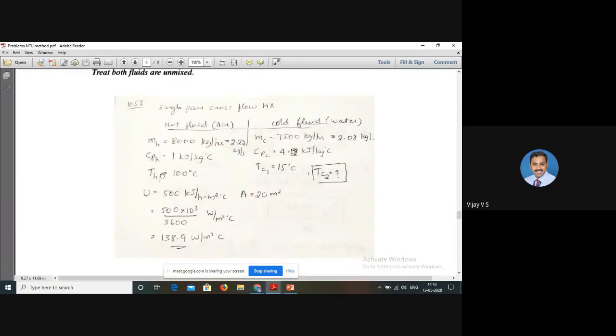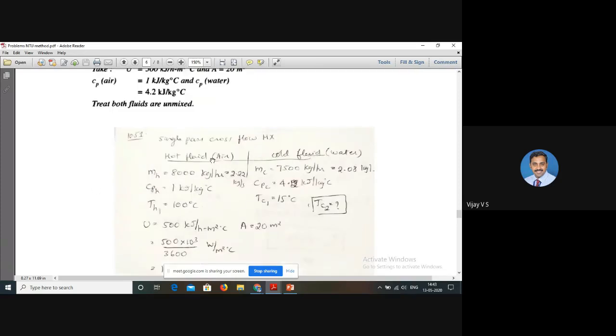Now if I see the data, air is the hot fluid. For air, mass flow rate is given as 8,000 kg per hour. If I divide by 3,600, it will be 2.22 kg per second. Specific heat of air is 1 kilojoule. Temperature is 100 degrees centigrade.